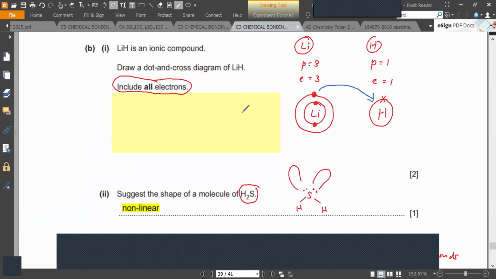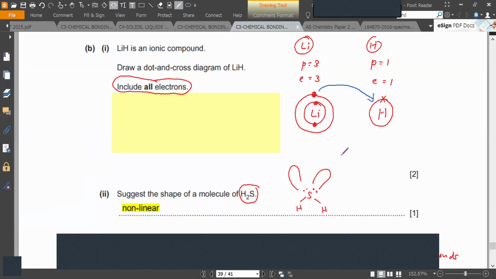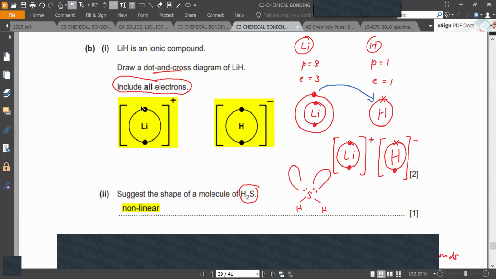After it loses 1 electron, lithium is left with 2 electrons and forms a positive ion. Hydrogen receives 1 electron from the lithium, so now it's negatively charged. So this is the dot and cross diagram of lithium hydride.